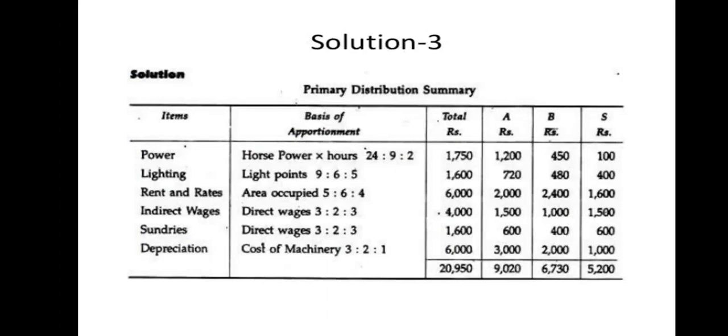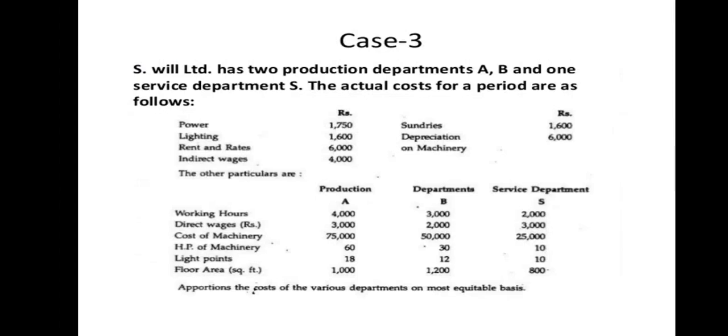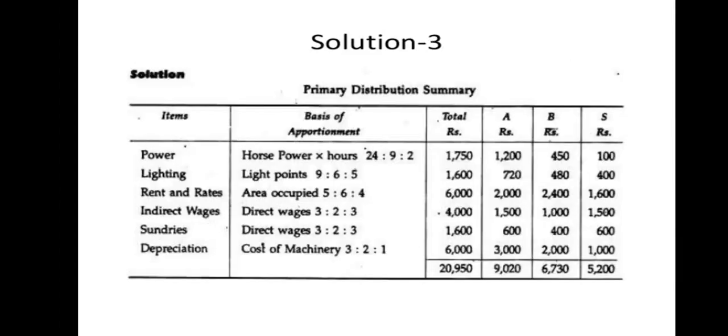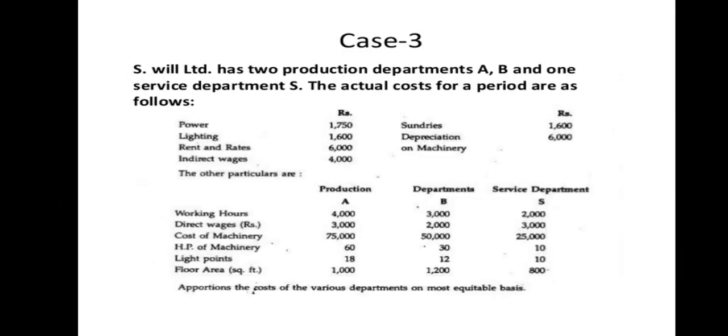Power, horsepower of hourly rate. So power, when it is given, is based on the machine hours. So let us check clearly. Cost of machine is given and working hours are given. So let us take those amounts: 24 is to 9 is to 2. How did we get this 24?